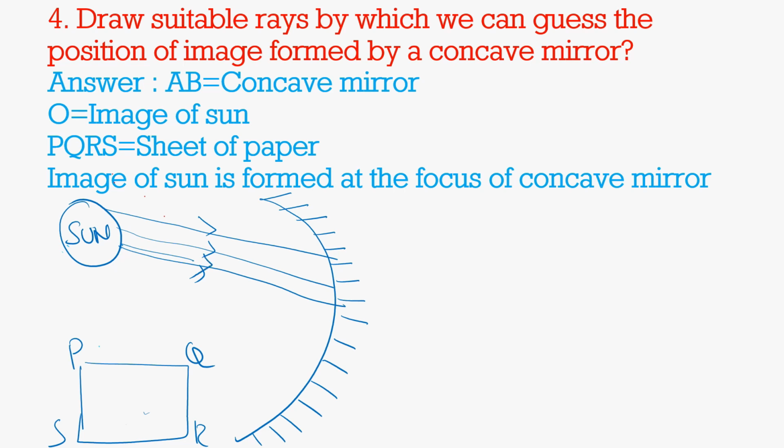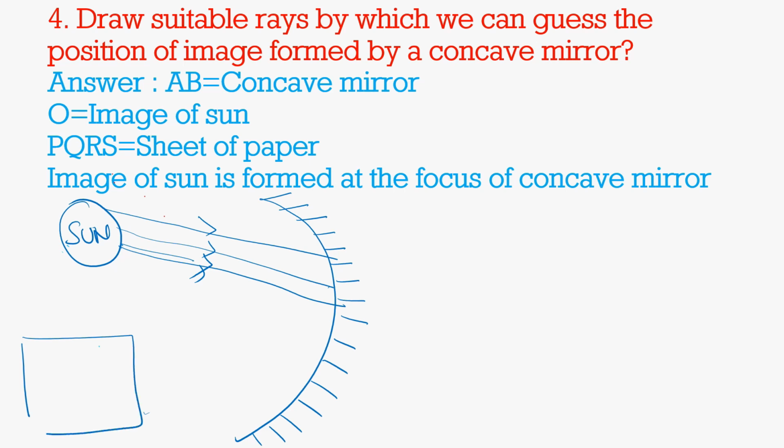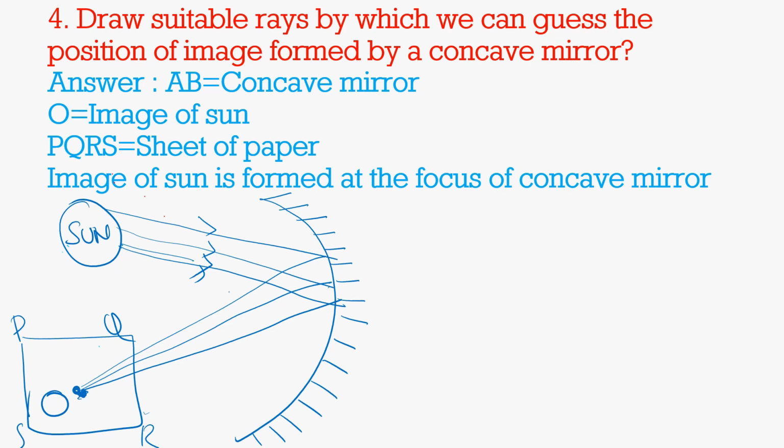These are parallel rays and they meet at this point. This is the sheet of paper, P, Q, R and S. These parallel rays are meeting at this point. This point is the image of the sun. The image of the sun is formed at the focus of the concave mirror.